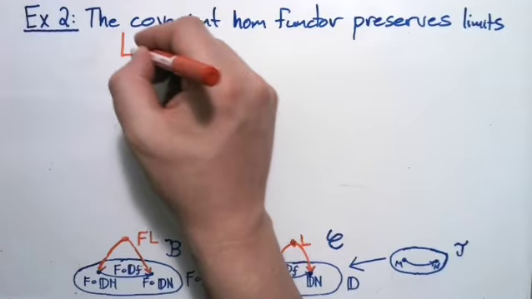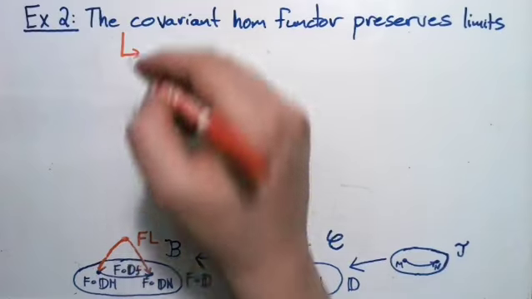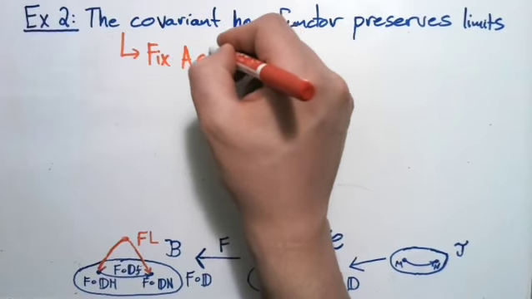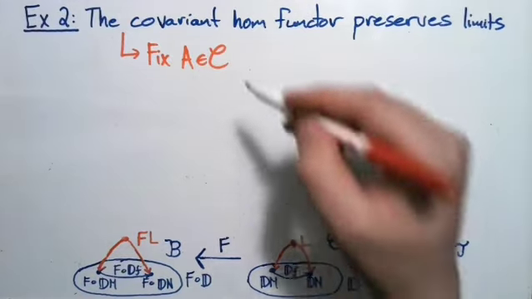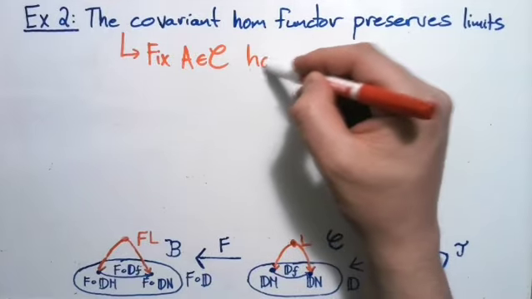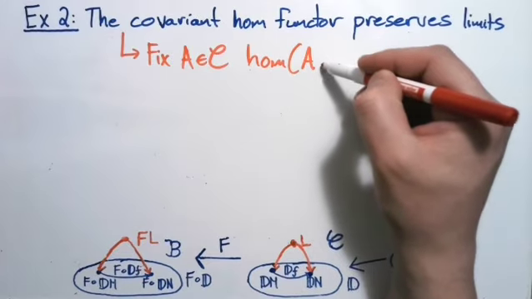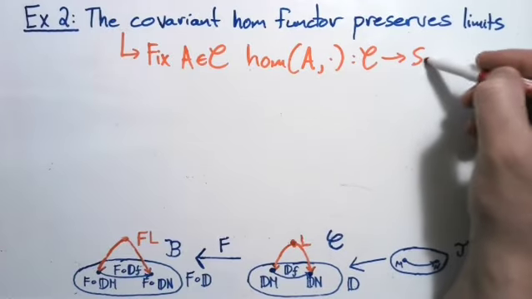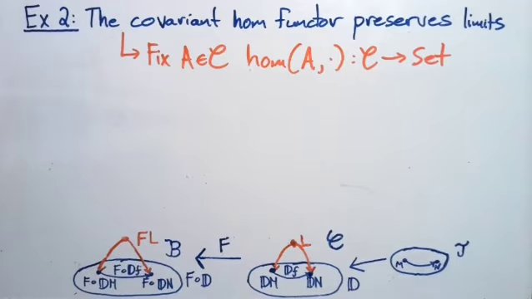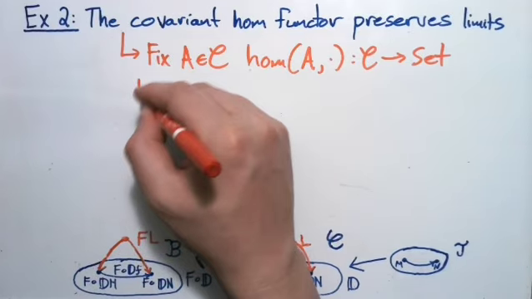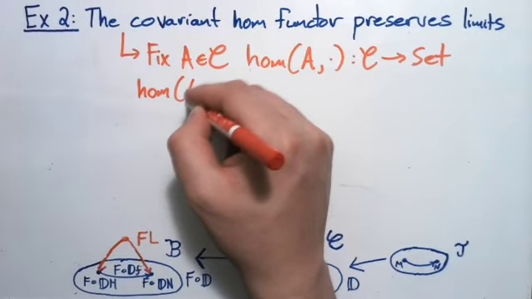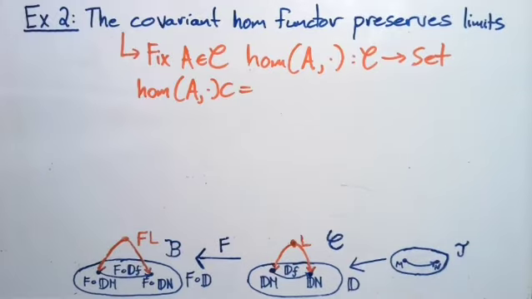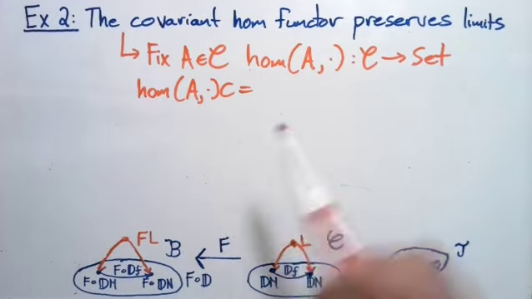And if you need a reminder first, the covariant hom functor fixes some object A in our category C, and then you can define the covariant hom functor hom(A, -), which goes from our category C to the category of sets, so it's a set valued functor, and it's defined by when it takes in an object, some C in C, it basically just fills in this blank here.